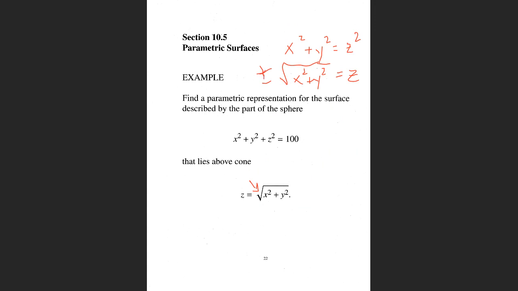That's one of the things you were taught to be careful about: when you square a variable, you have a plus or minus. But here, we only have a plus square root of x squared plus y squared. So it's just going to be the top half of the cone. There's the origin there. Okay, are there any questions on that?